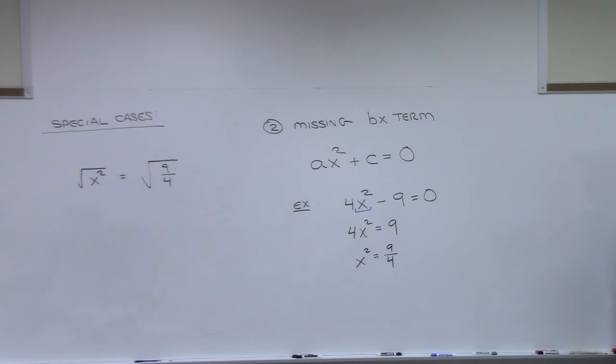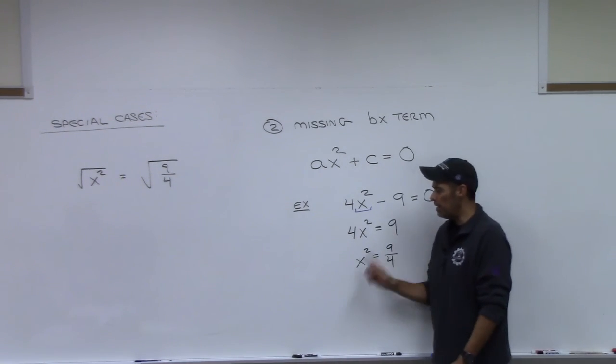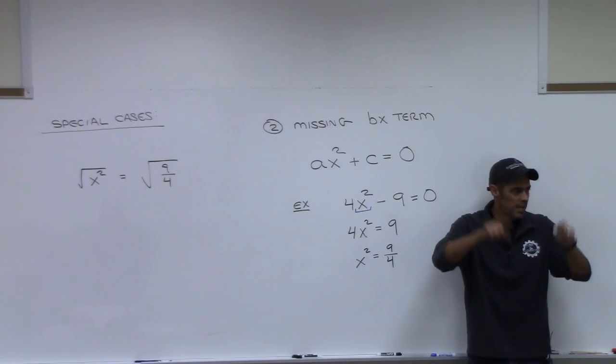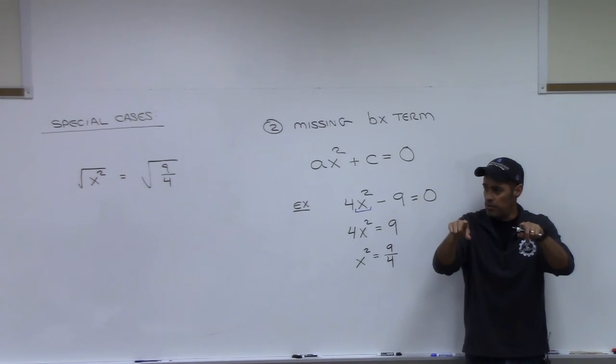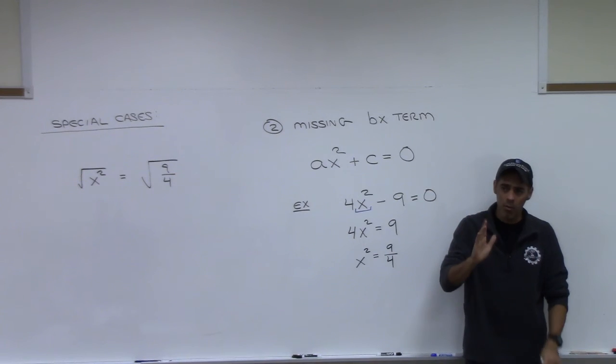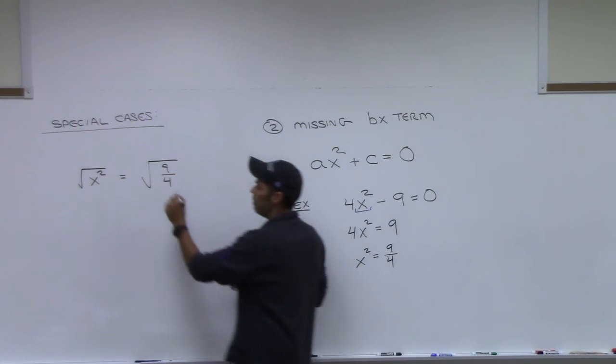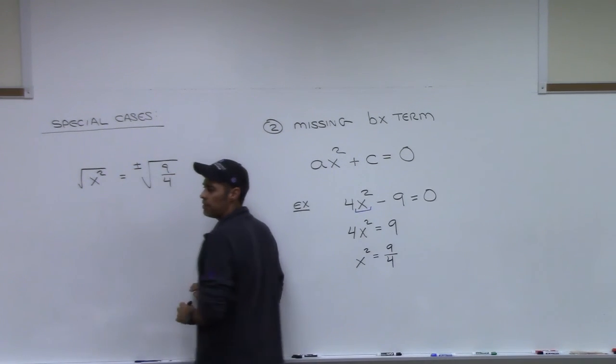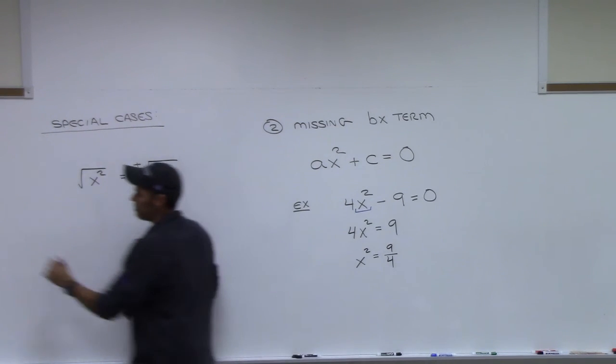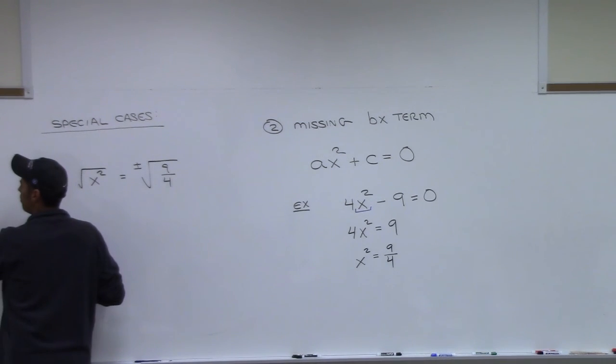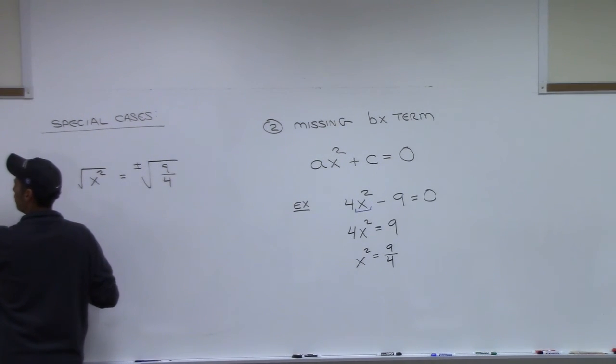Plus or minus. Okay, so anytime you take the square root on both sides of an equation, like we just did, you must always include both the positive and the negative answer. The idea is this. What if I told you x squared was 4? Right?